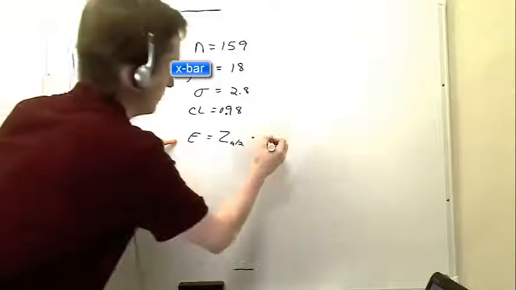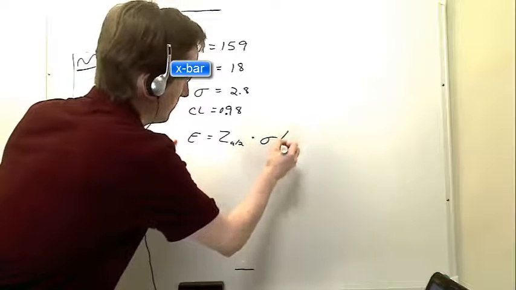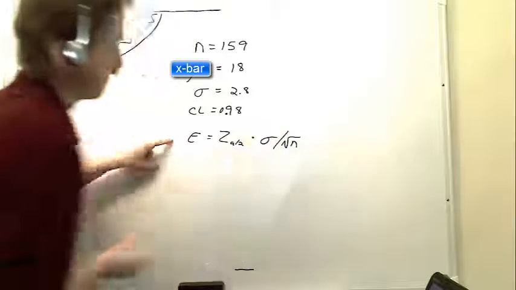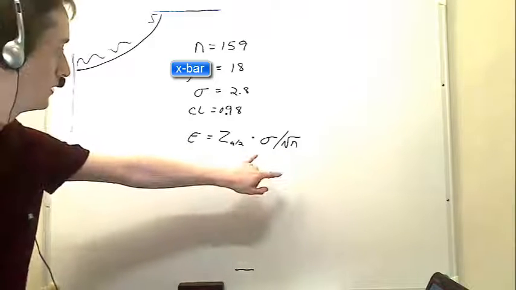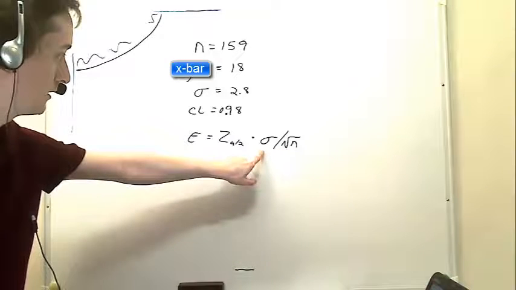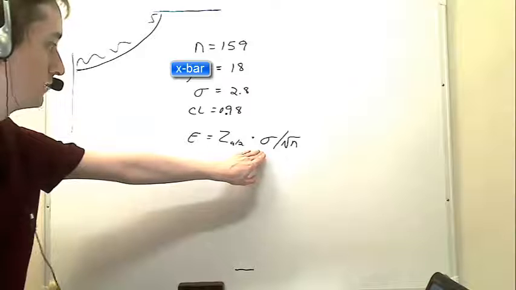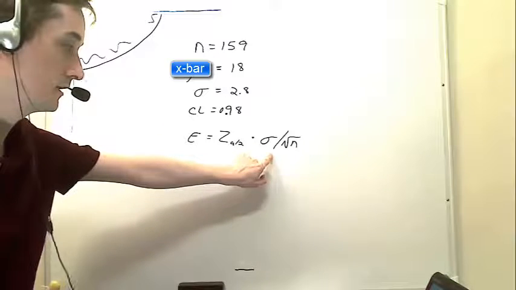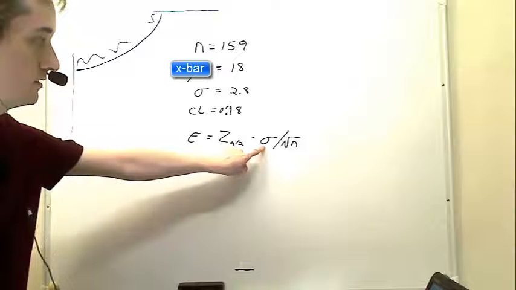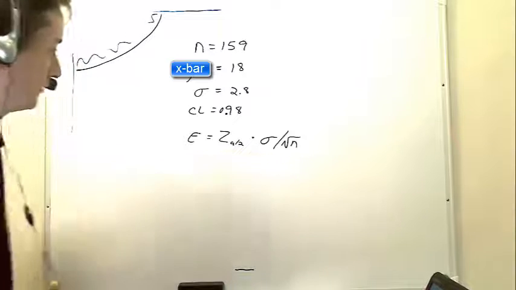So that's going to equal sigma divided by the square root of n. Now notice how here, to get the sampling distribution deviation, we take the population standard deviation and divide by the square root of n.